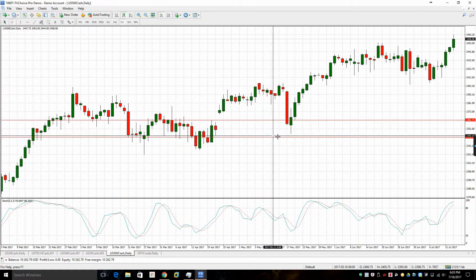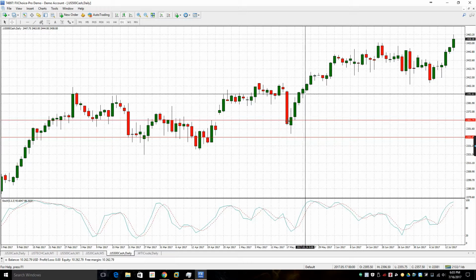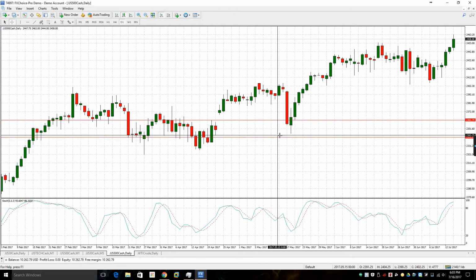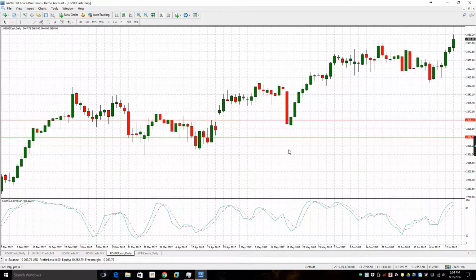The only way I won't make money is if price comes out of this line, and that's pretty much it. I'm insulated against how far my downward movement can go. But if my movement goes past this line here, then I would expire worthless.